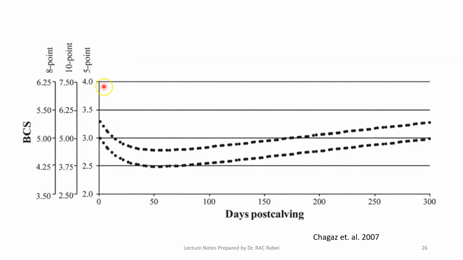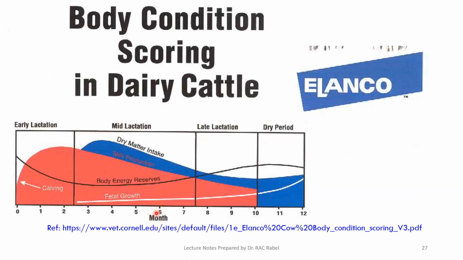But there are also 8-point and 10-point scales of body condition scoring. Regardless of the scale, the pattern is this: the lowest body condition score occurs around peak milk production, maybe 6 to 7 weeks, 50 days. Now, this is really important.